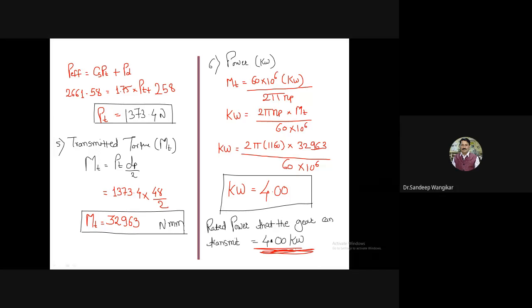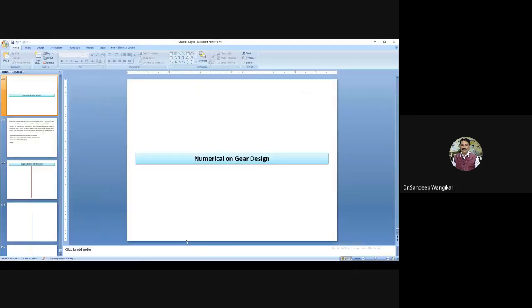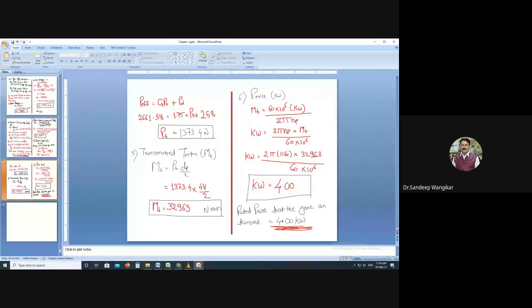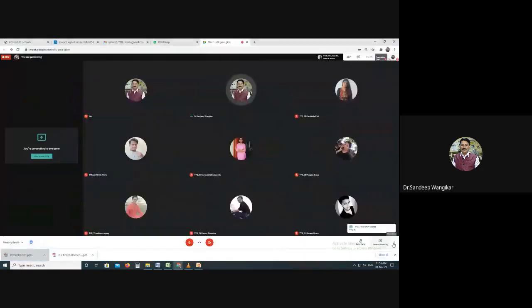And finally, if torque and RPM are known, we can easily calculate the power in kilowatt. So this is the discussion on how to calculate the power if we have calculated the load by using the dynamic load equation that we have discussed.